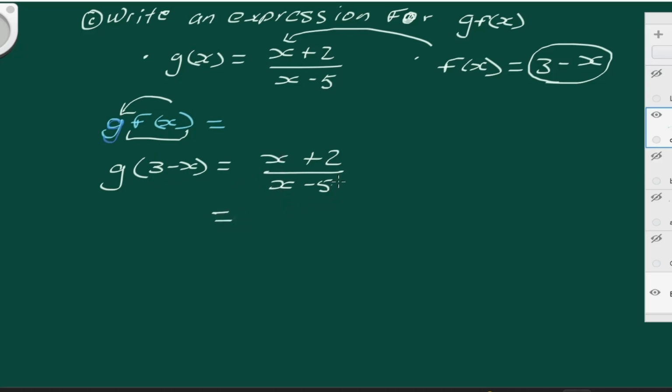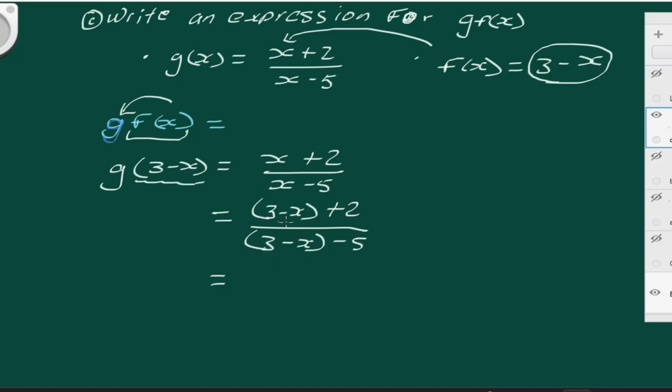Anywhere we see an x in the function here, we're going to replace it by the entire bracketed content. So instead of x, we will write 3 minus x, plus 2, and x again, we're going to replace x with 3 minus x, minus 5.